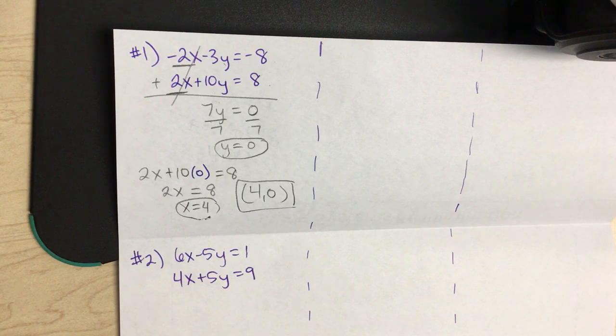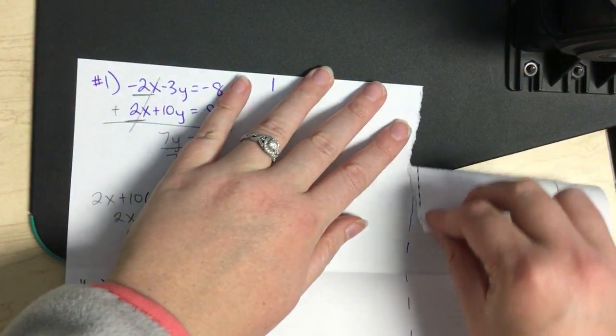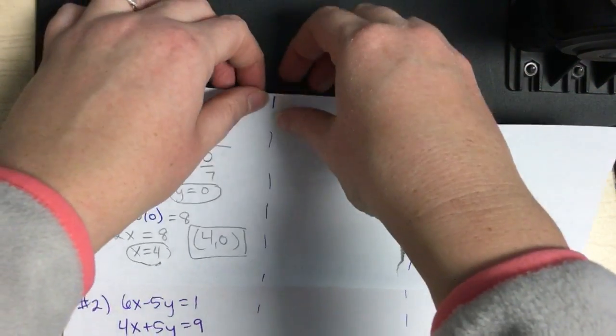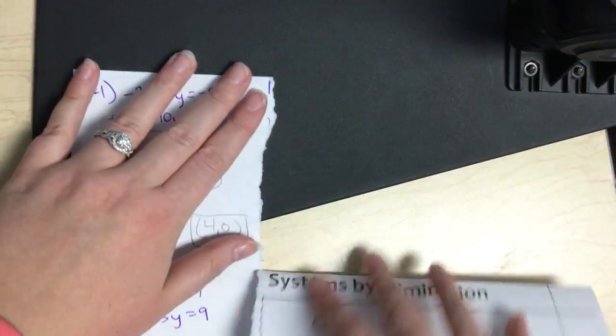Now in this scenario, we want to look for, again, the exact same number, but with different signs. And I'm going to go ahead and try and tear this so that this will lay down for me a little bit better.